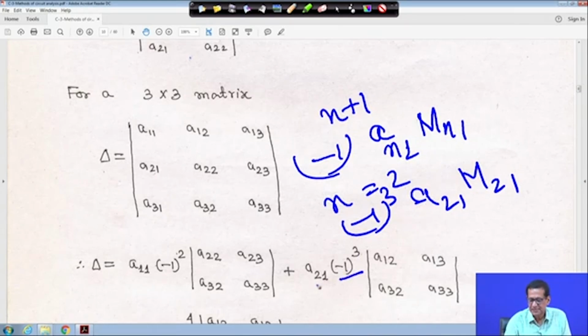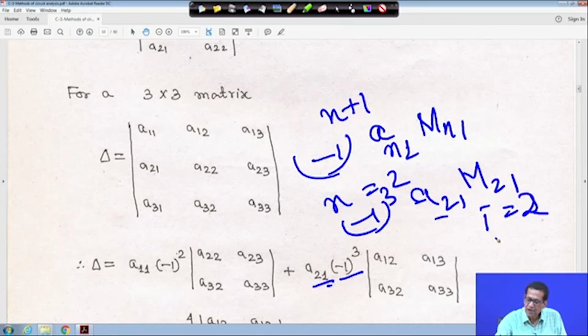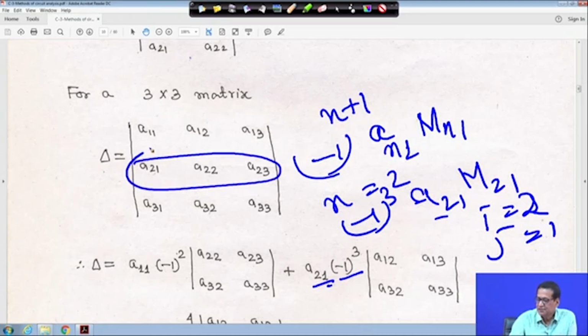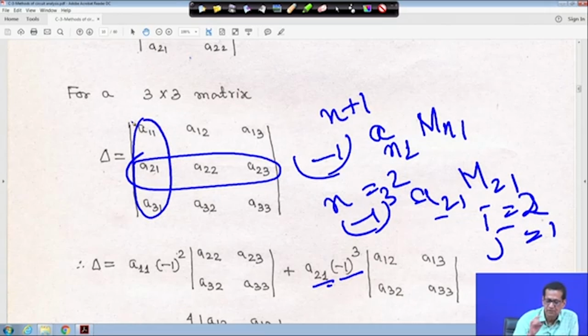So, it will become minus a 2 1, and what is m 2 1? Here m i j, i is equal to 2 and j is equal to 1, right. That means your second row and the first column will go.